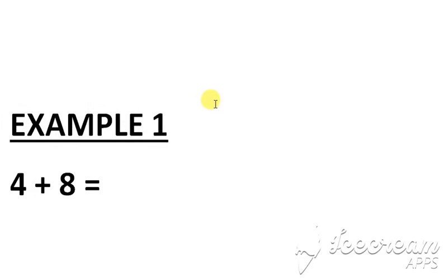So, example 1. Of course, you know when you have a number, let's say you have 4 plus 8. You now look at the number, let's say this 4, is either positive or negative. How do you know the sign of a number? You look at what you have before the number.